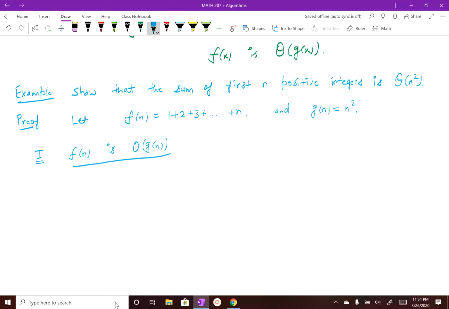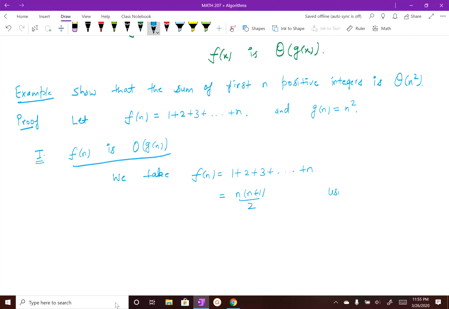So we take our f of n, which is the sum of the first n positive integers, as 1 plus 2 plus 3 all the way up to n. And we have learned in our summations that the sum of the first n positive integers is nothing but n times n plus 1 divided by 2.